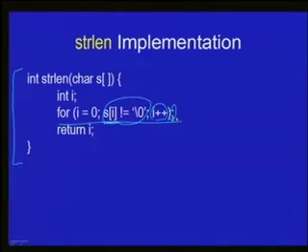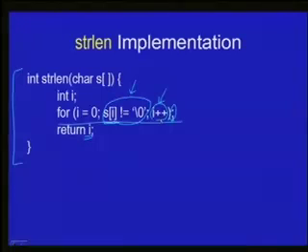Note that the loop body is empty, so all that is happening is in this i++ and in the loop condition. So essentially this loop will terminate as soon as we find that s[i] is equal to the null character, and then i will be nothing but the length of the array, because note that we are incrementing i once for every non-null character that we find in the string.